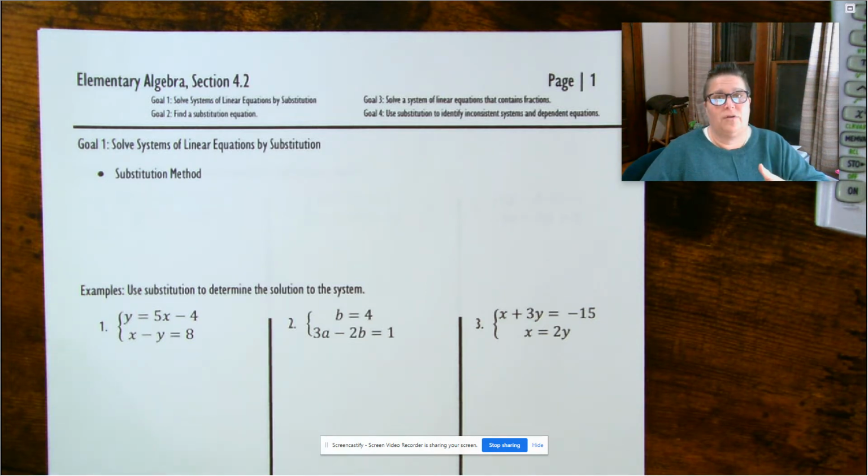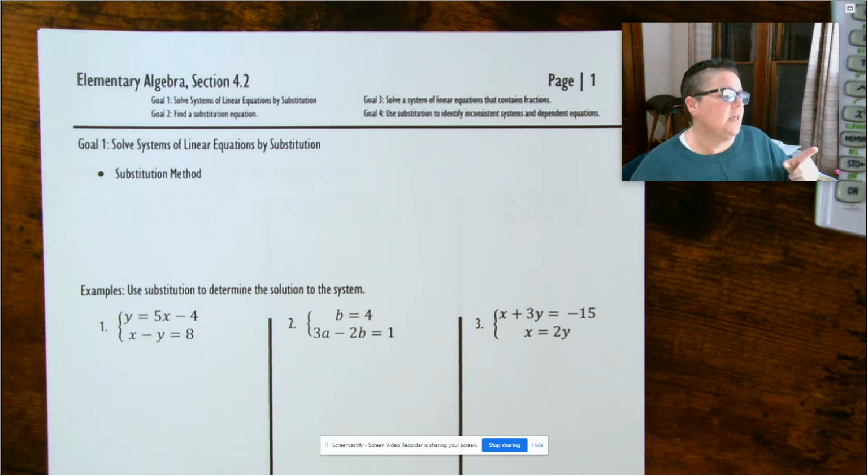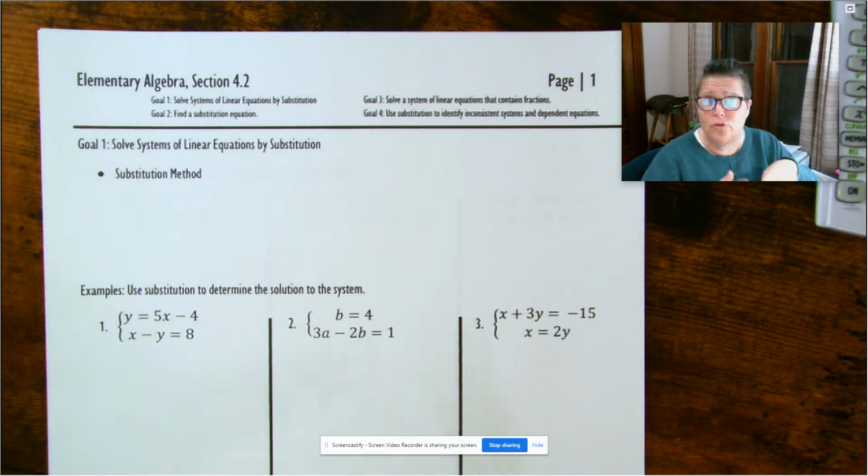Now, why a different method? Well, graphing is great for showing you the different solutions to the systems. When it comes down to the nitty-gritty of the mathematics, though, we don't always have an option of graphing. Like, we don't always have graph paper with us. And as I think you saw in some of the last examples, oftentimes when you graph a system, if the solution doesn't line up perfectly on the corners of your grid, you can't really tell where it is.